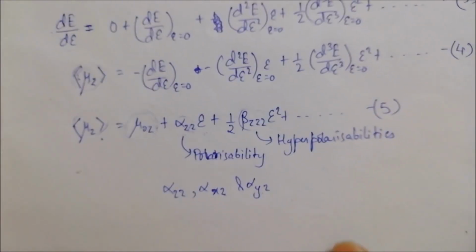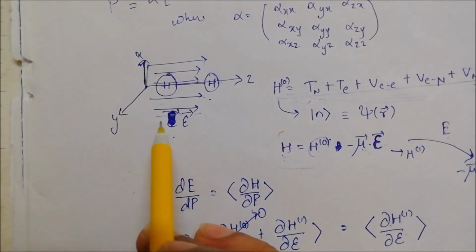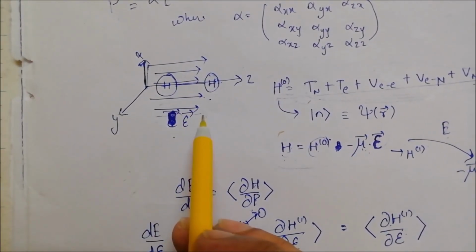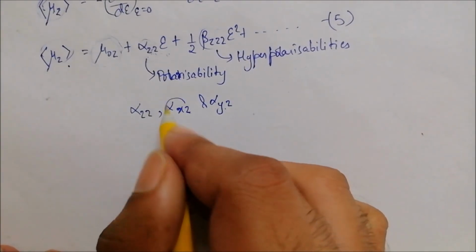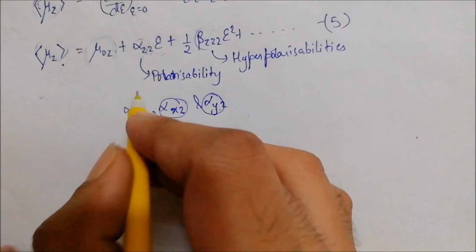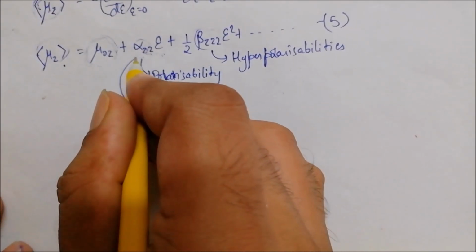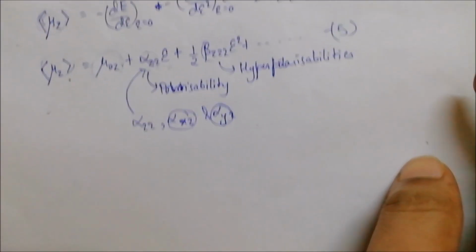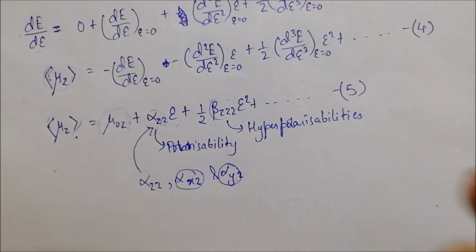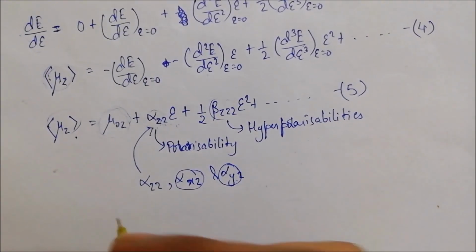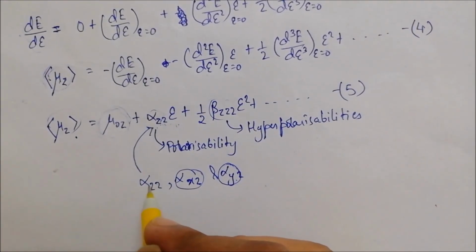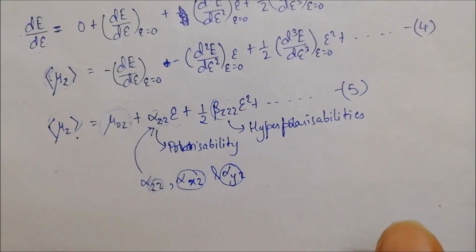But since in our initial model we considered the electric field to be along the z direction only, for now there won't be these terms, and in this expression the first order induced dipole moment is only going to result from the polarizability of this component zz.